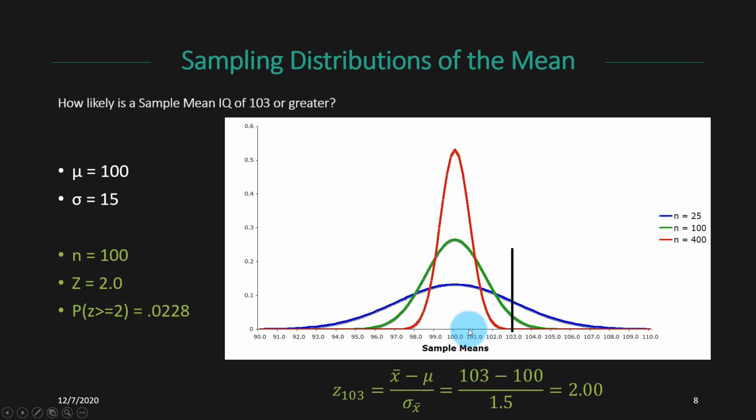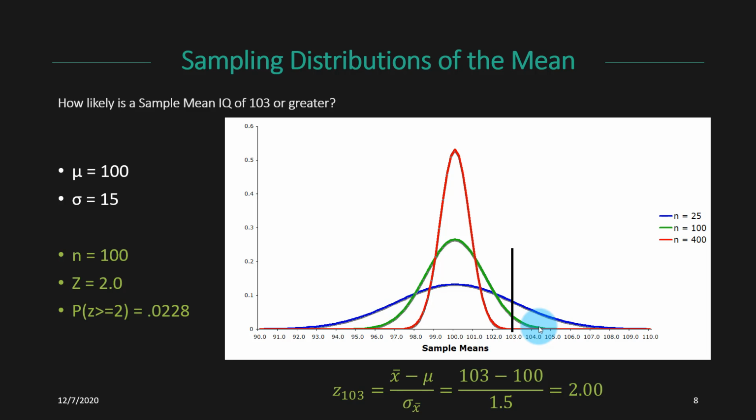So this is a more extreme value because we're now 2 standard deviations above the mean, and you can see that in turn that has an effect on shrinking the probability. Under the blue distribution, about 16% of the sample means were greater than 103, but under the green distribution, only about 2% of the sample means are greater than 103.